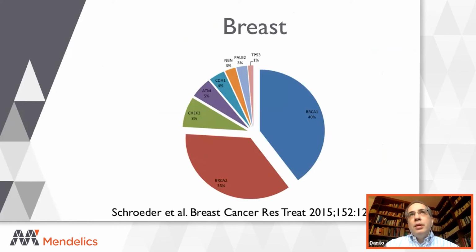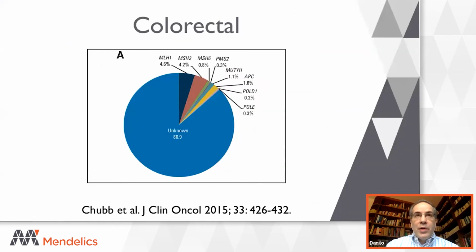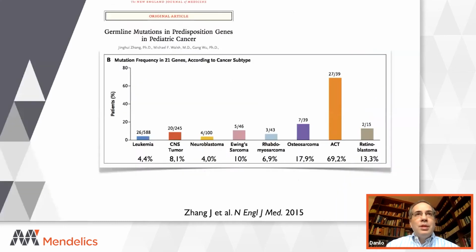And when you do this, for example, for breast cancer, then you have the main genes that are already described for predisposition, and also for colorectal cancer. And the same for childhood cancer. And when we take, for example, in infancy, the proportion of cases where we can find hereditary mutations depends on the tumor.